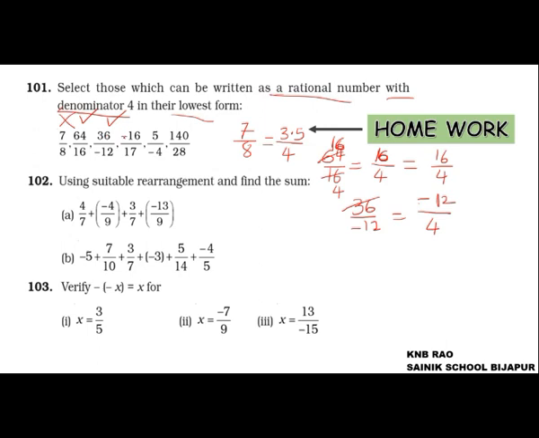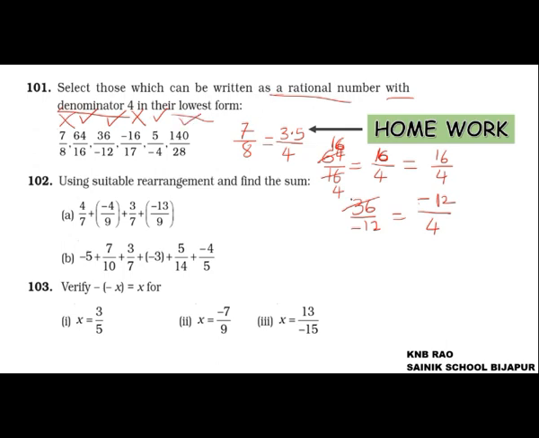Now, what about minus 16 by 17? It's obviously not possible. What about 5 by minus 4? It is possible. Straight away, when I divide minus 4 by minus 1, we get plus 4 and that minus sign will go up. Or I can divide 5 by minus 1, which gives minus 5 by 4, satisfying the condition. What about 140 by 28?